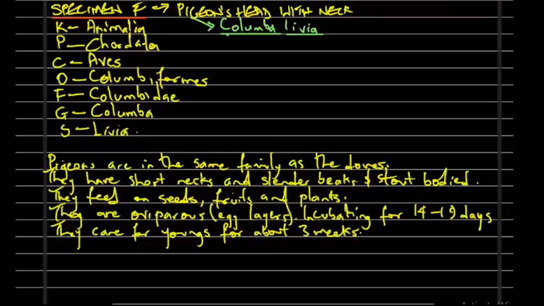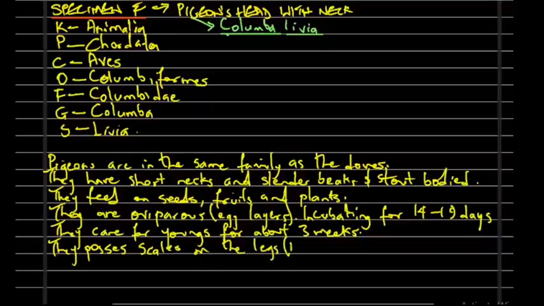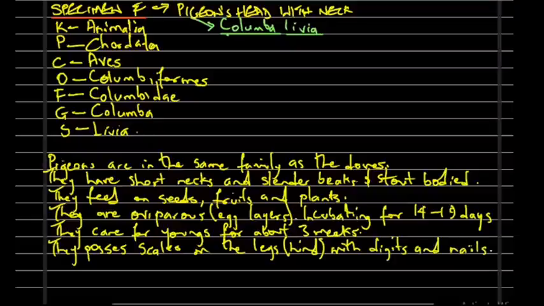They have scales on the legs, particularly the hind limbs, with digits and nails. Also, they have different colors on their feathers.